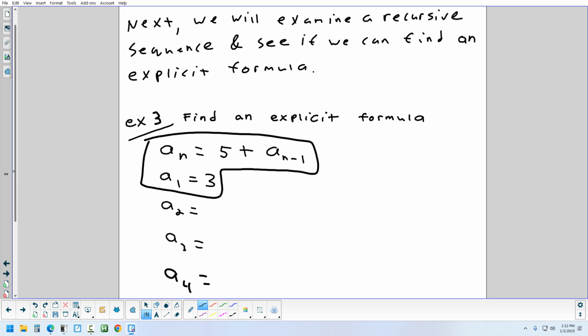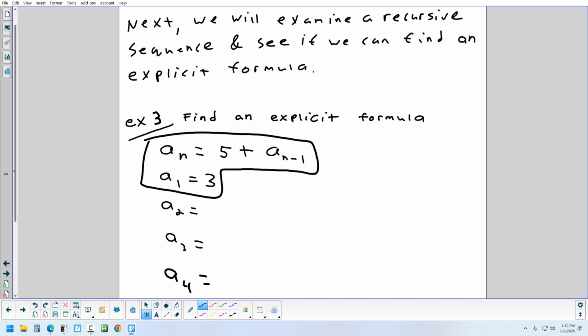And what does the formula say to do to get the next term? Add 5 to the one before it. So I want to know the second term, so I'm going to add 5 to the first term. So what's the second term? 7. Careful. You want to add 5. 8.